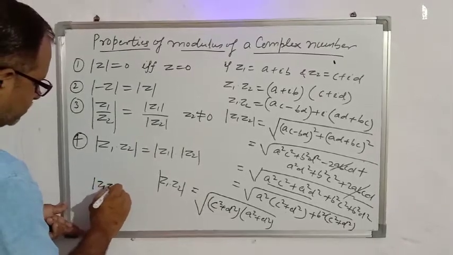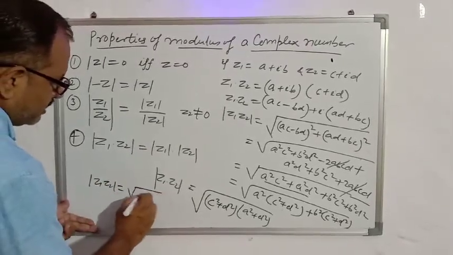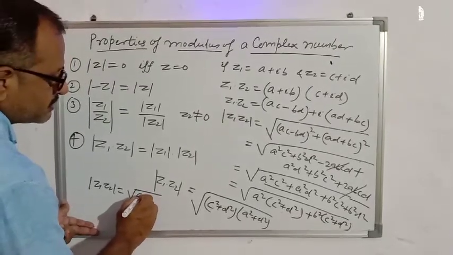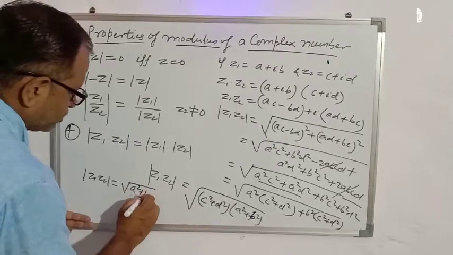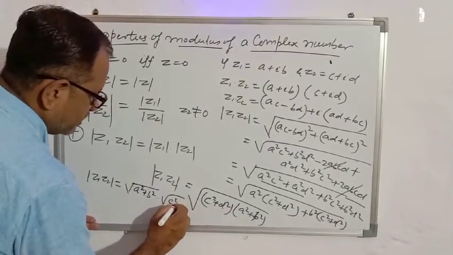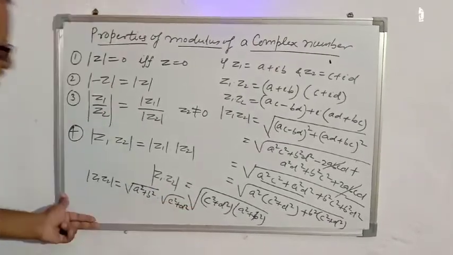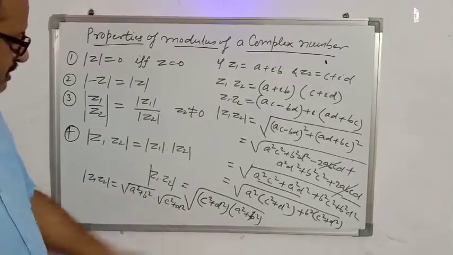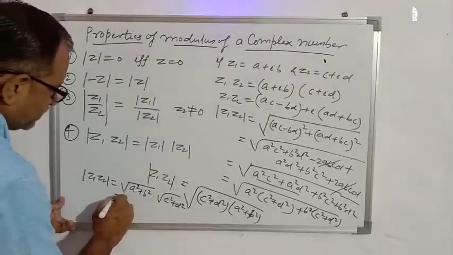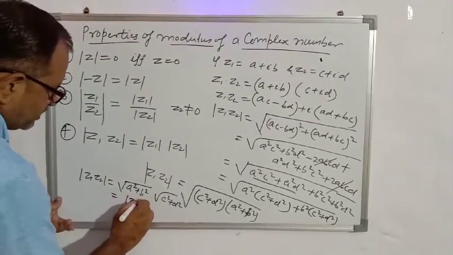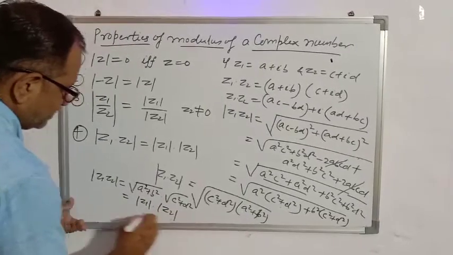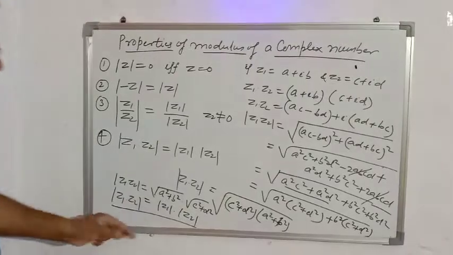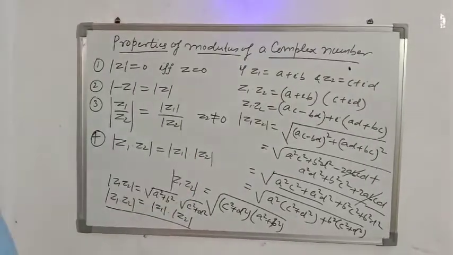Mod of Z1 into Z2 is equal to under root A square plus B square into under root C square plus D square. What is this one? It is mod of Z1 and this is mod of Z2. So mod of Z1 into Z2, we can write mod of Z1 into mod of Z2.